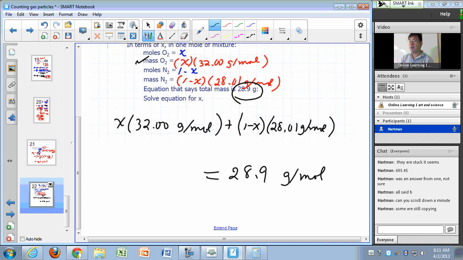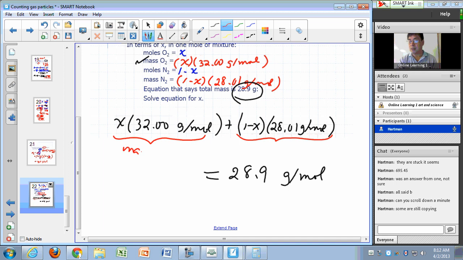If you have a mole of oxygen, this is the mass of that. And if you have x moles of oxygen, you have x times 32 as the mass of oxygen. And the moles of nitrogen is 1 minus x. You multiply that by the molar mass of nitrogen, and that gives you the mass of nitrogen.